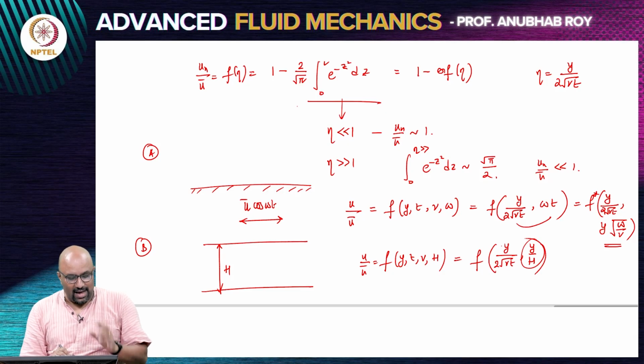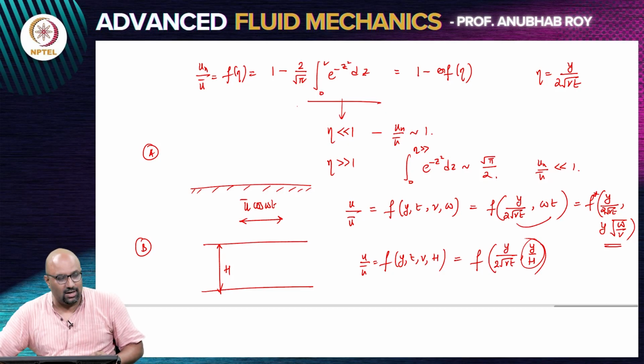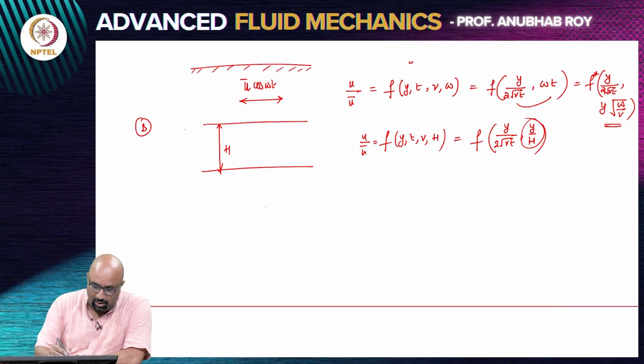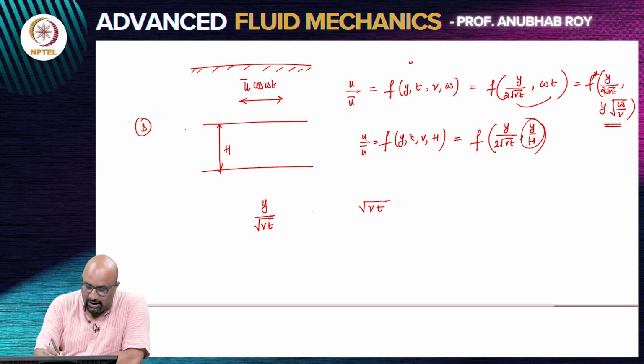So, the similarity variable approach or the dimensional method based approach actually gives you an insight into something very important, which is when you write this variable as y by root nu t, it gives you a length scale which is root nu t.